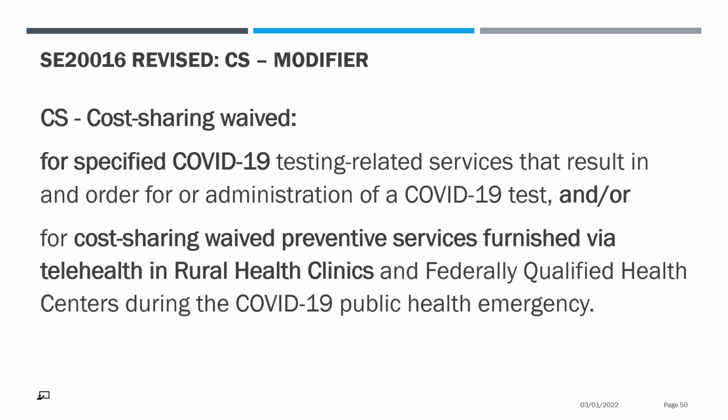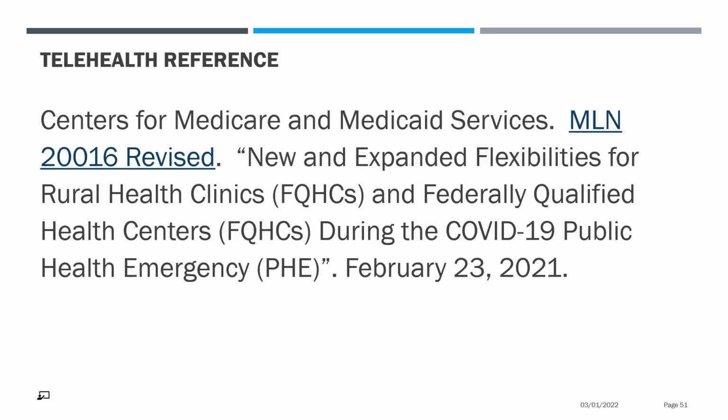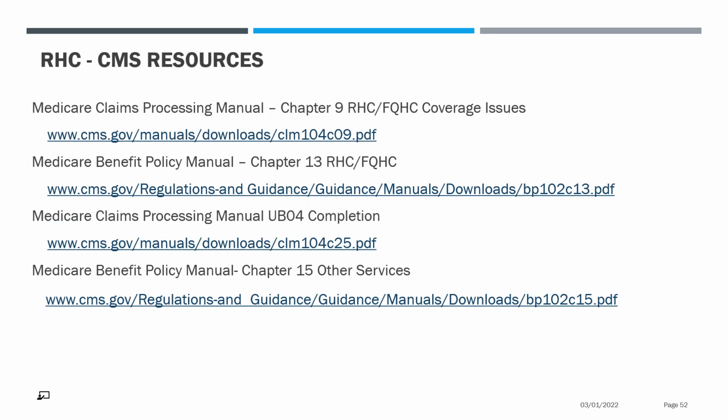CS modifier, we already hit that. There's that MLN 20016. It was just revised again on January 22, I think. It's definitely January 22. I'm not sure what particular day in January, but that is your go-to for all telehealth material.